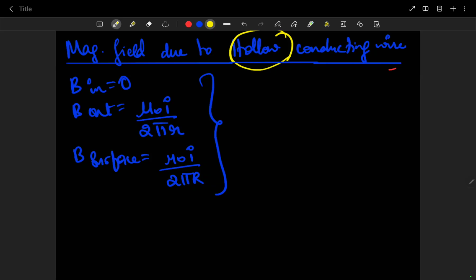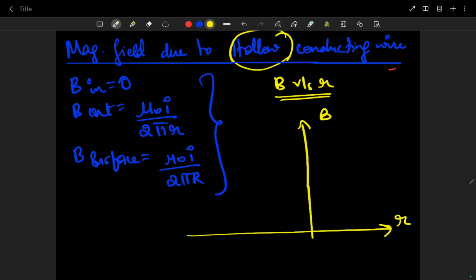Now we will be asked about a B versus r graph. That means B is on the y axis, as you can see, right? r will be on the x axis, right? So how will you draw this? You can see that I'm drawing this wire for your reference. Let's assume the wire is like this, right?